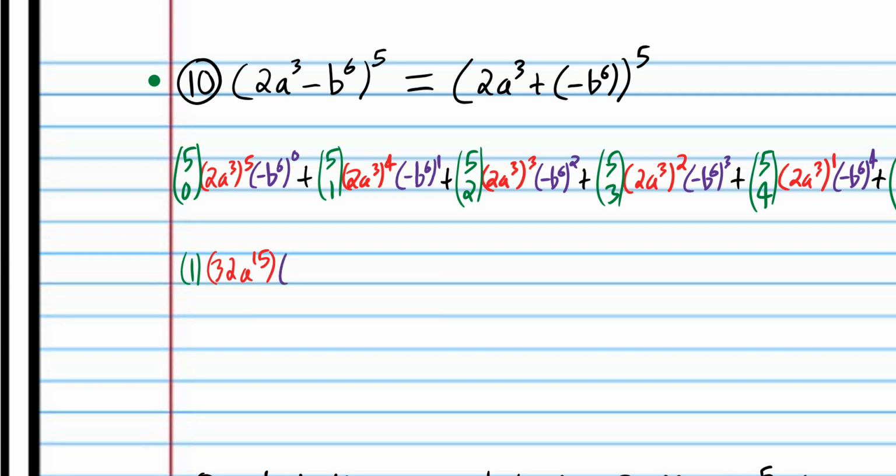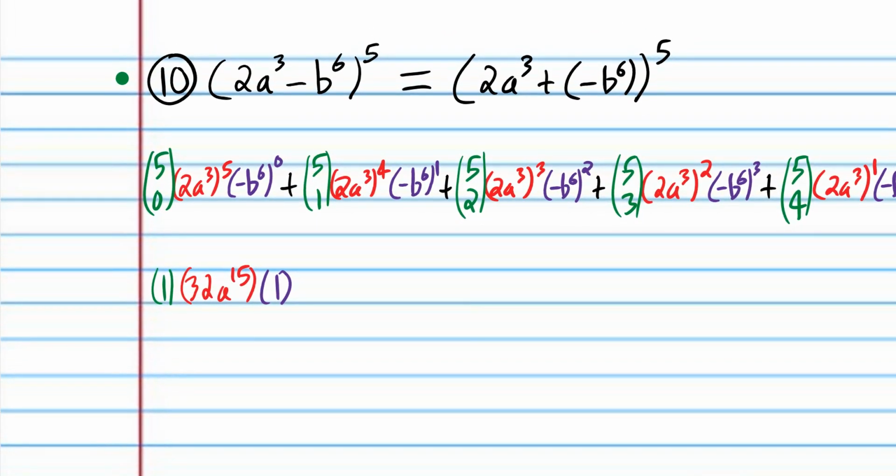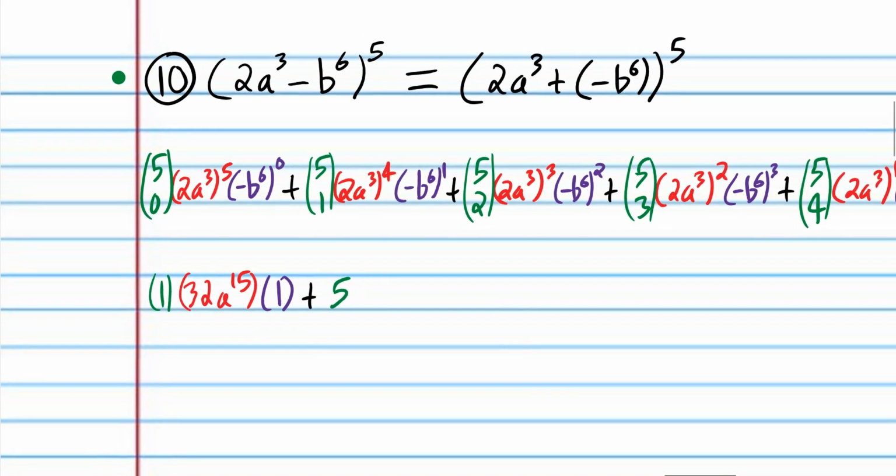And if you want more practice with that, you can go to my intermediate algebra course where we have plenty of problems showing how to use those exponent rules. How many ways can you choose one thing out of 5 things? That's going to be 5. And 2a cubed to the 4th power is going to be 16, a to the 12th. And negative b to the 6th raised to the 1st power is negative b to the 6th.